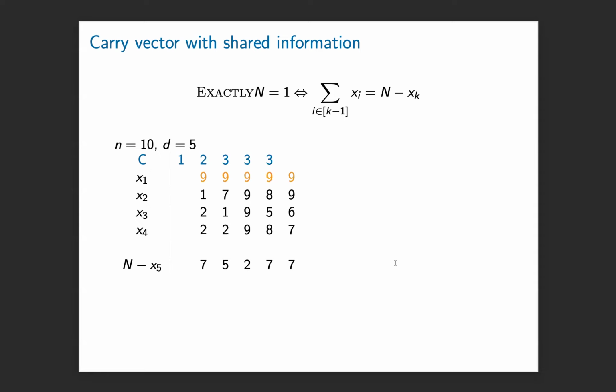And so, morally, each carry vector entry can take one of two values. Just stating the parity of the carry vector is sufficient for each player to reconstruct the carry vector.